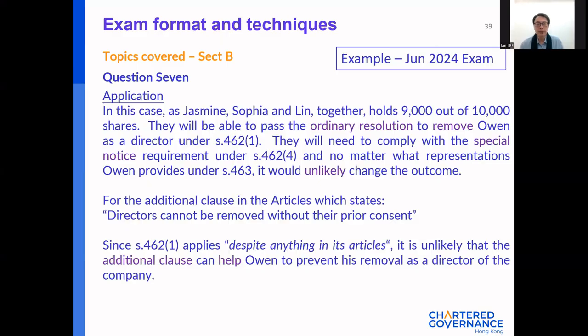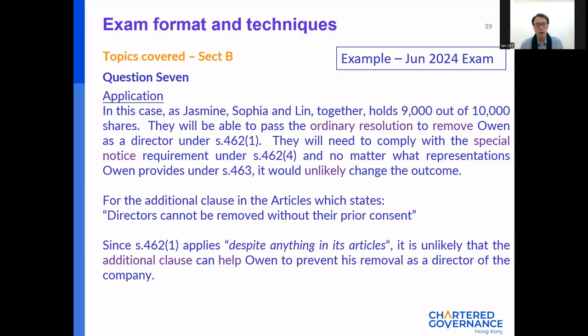Nonetheless, they need to comply with the special notice requirement. So they need to let Owen know about the calling of the meeting, allow him to attend, and allow him to make representations to all the shareholders. But of course, no matter what representation he makes to the three of them, since they have already decided, it will be unlikely to change the outcome.